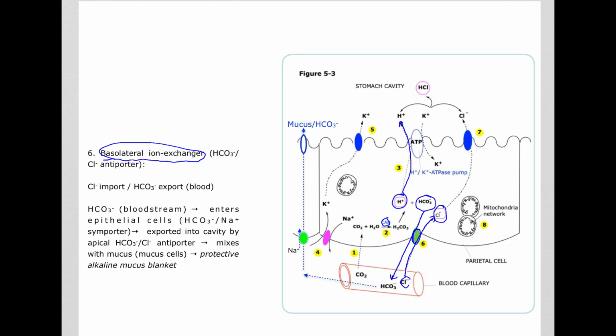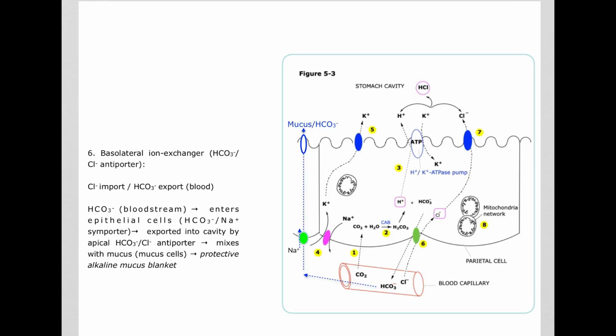So chloride from the bloodstream is brought into the cells. Bicarbonate in the cytoplasm is sent out into the bloodstream. Now nearby to the parietal cells are epithelial cells of the stomach, and so this bicarbonate in the bloodstream will travel through the bloodstream and reach the epithelial cells that are also present in the stomach.